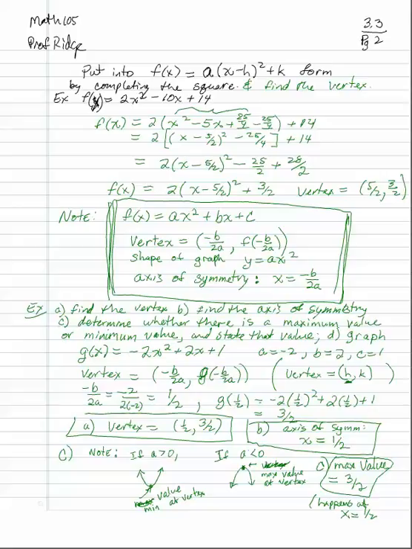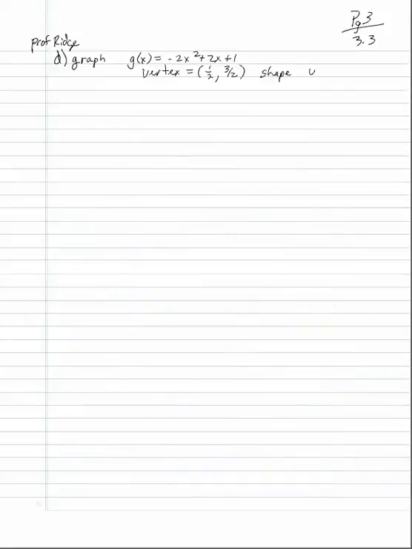Alright, and then we just need a graph. Okay, so we're going to graph the function, negative 2x squared plus 2x plus 1. So from A we found the vertex is (1/2, 3/2). We know the shape is going to be y equals negative 2x squared. It's just ax squared.